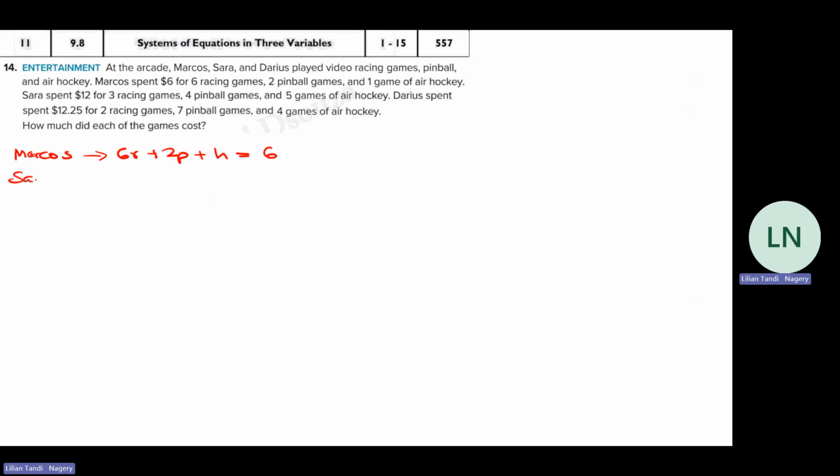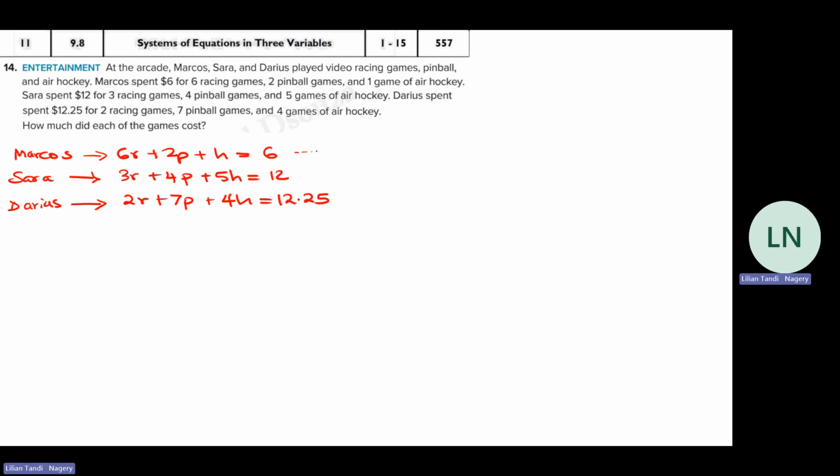Then Sarah did 3 racing games, 4 pinballs, and 5 hockey games for $12. And then we do Darius. Darius had 2 racing games, 7 pinball games, and 4 hockey games, and he spent that much.